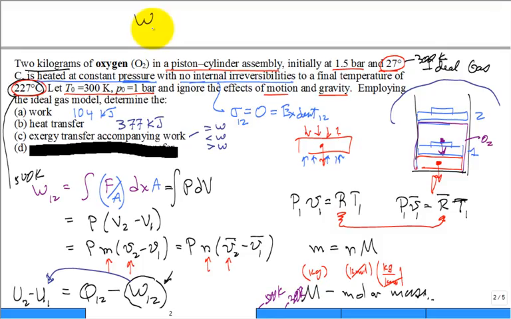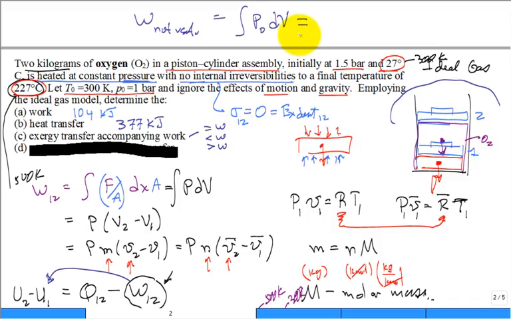The work not useful was also a boundary work, but it was the integral of P naught dV. Not P dV, but P naught, because the atmosphere is at pressure P naught. It's just pushing back the atmosphere. So this work is not as big as pushing back the piston.